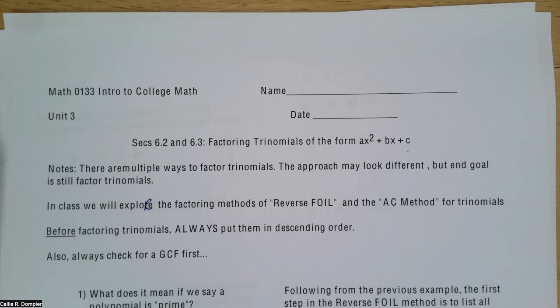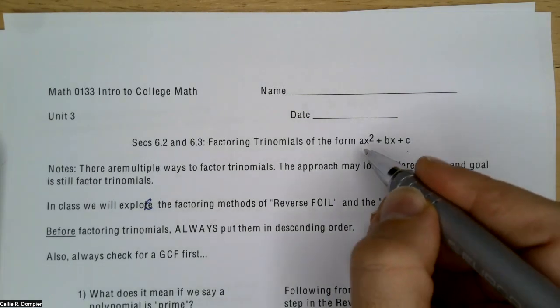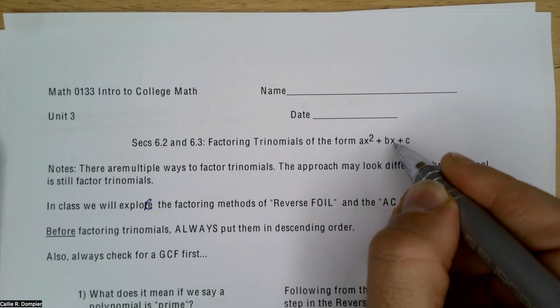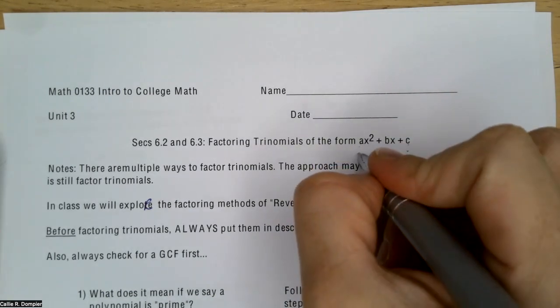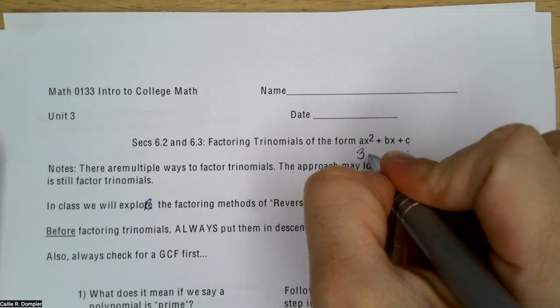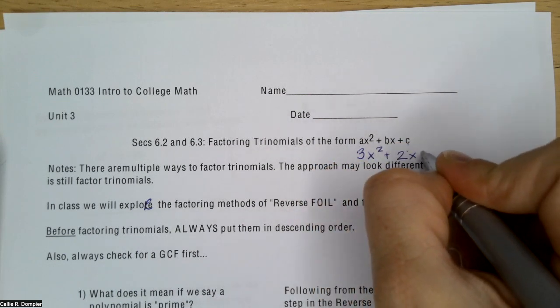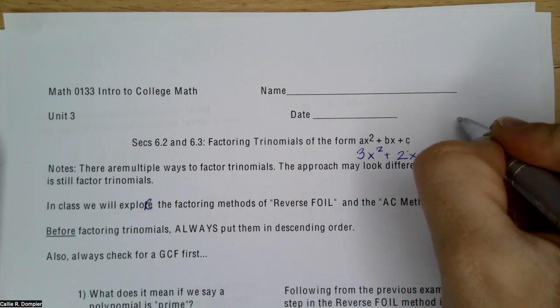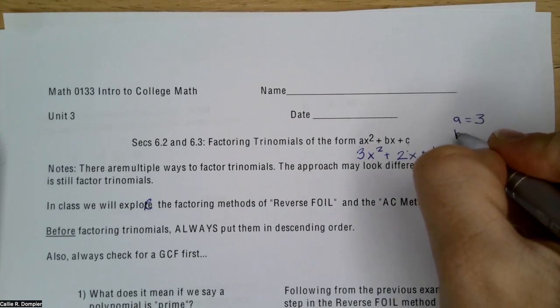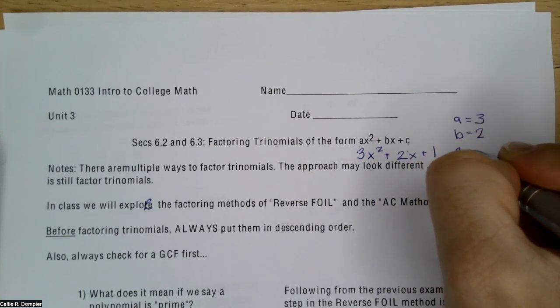Okay, so when we are factoring trinomials, I'm going to refer to them as ax squared plus bx plus c. That just means if I had the trinomial 3x squared plus 2x plus 1, a is 3, b is 2, and c is 1.